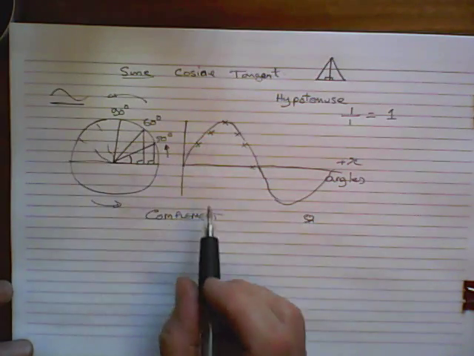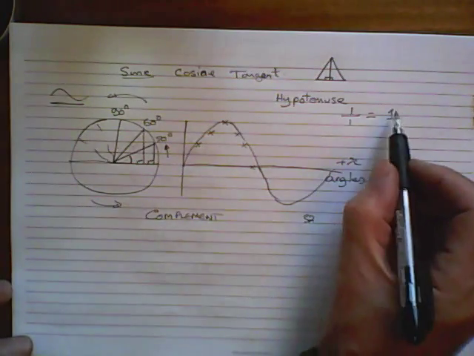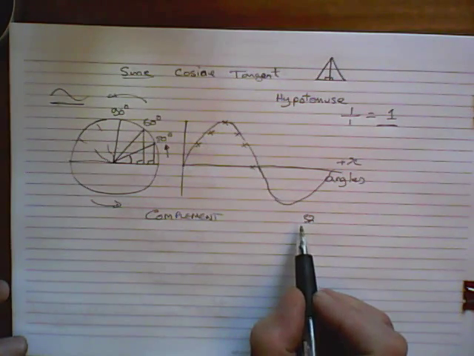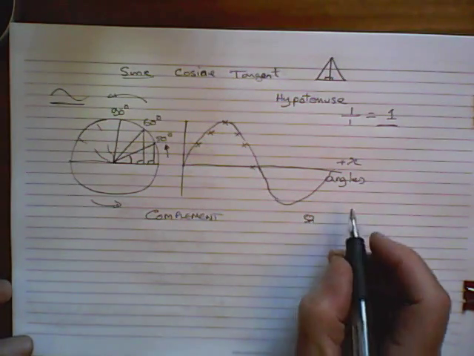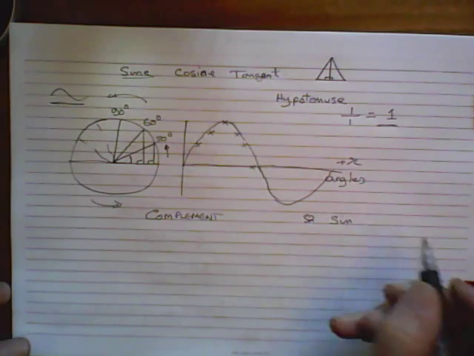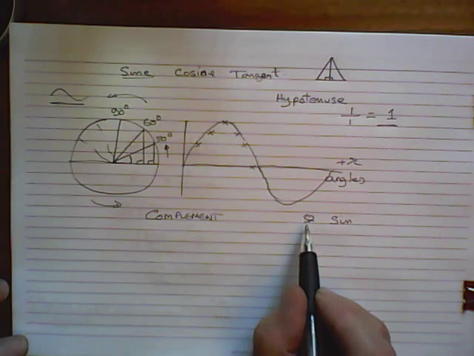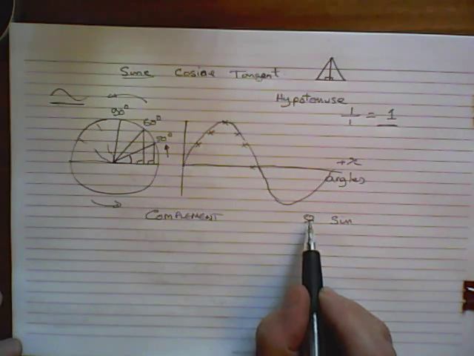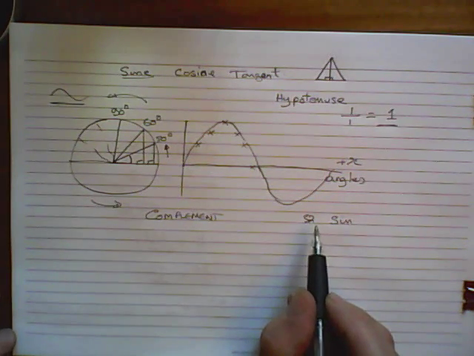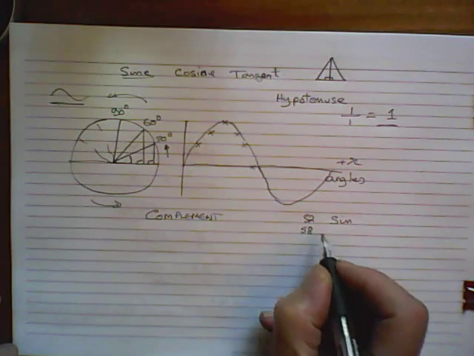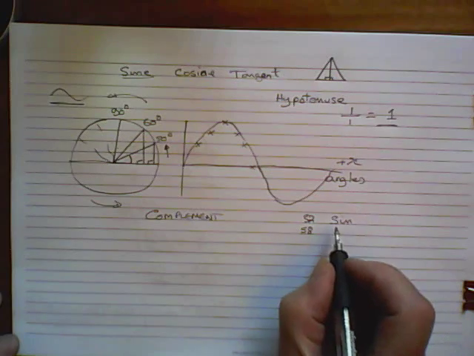The sine of 90 is 1, which we've agreed here. Now, if I want to find out the sine of 32, use your calculator and find out what it is. Now, what number do I need to bring 32 up to 90? Well, 30 from 90 is 60, minus 2 is, say, 58. Okay. So we've got 58.